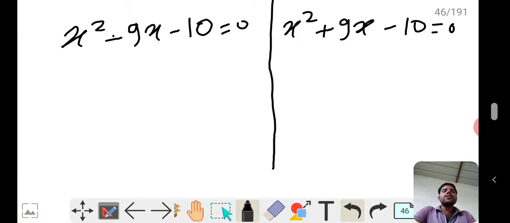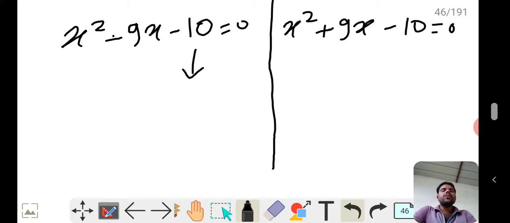In the third case, we have x square minus 9x minus 10 is equal to 0. Look at the constant term. We want the multiplication as minus 10 and the sum as minus 9. We can take two factors whose multiplication is minus 10.